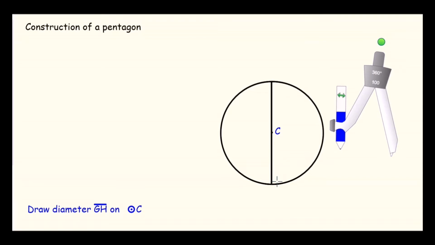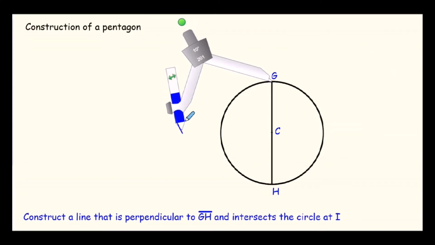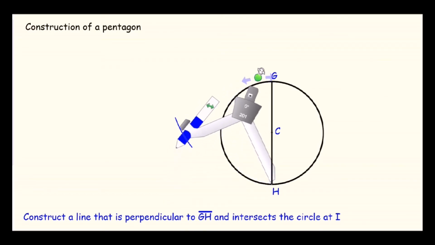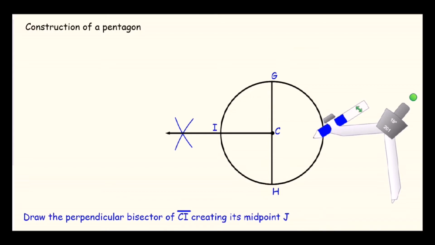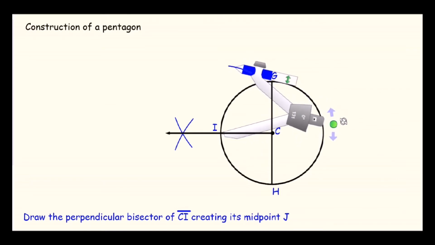Draw diameter GH on circle C. Construct a line that is perpendicular to GH and intersects the circle at I. Draw the perpendicular bisector of CI, creating its midpoint J.